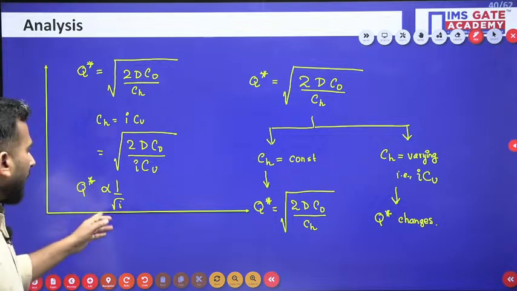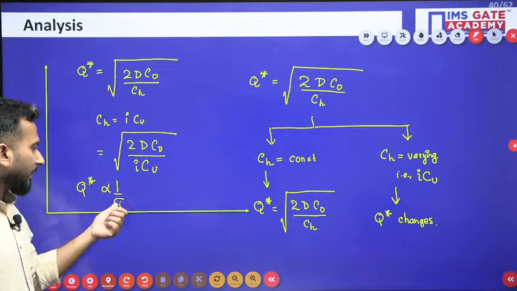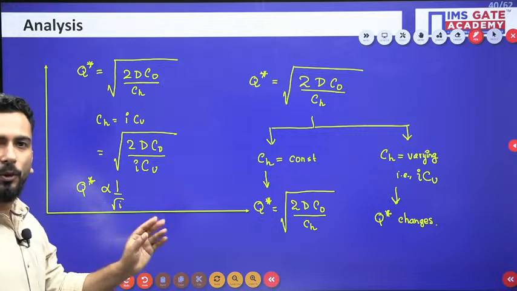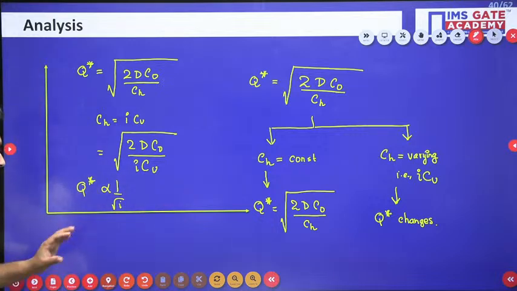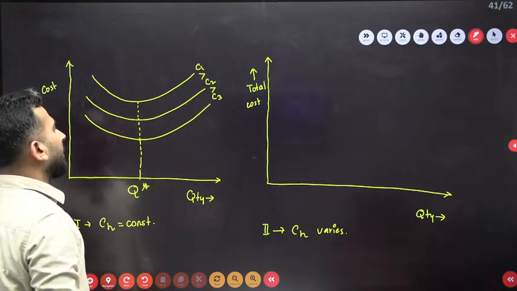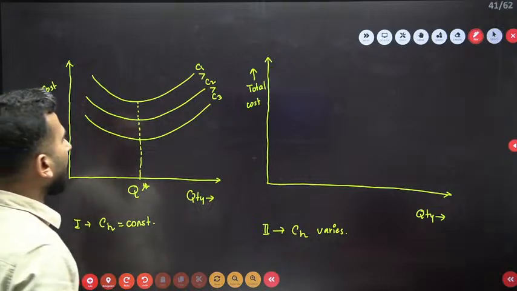If your discount is decreasing, Q star will increase. That means an inverse relation is there. Right?